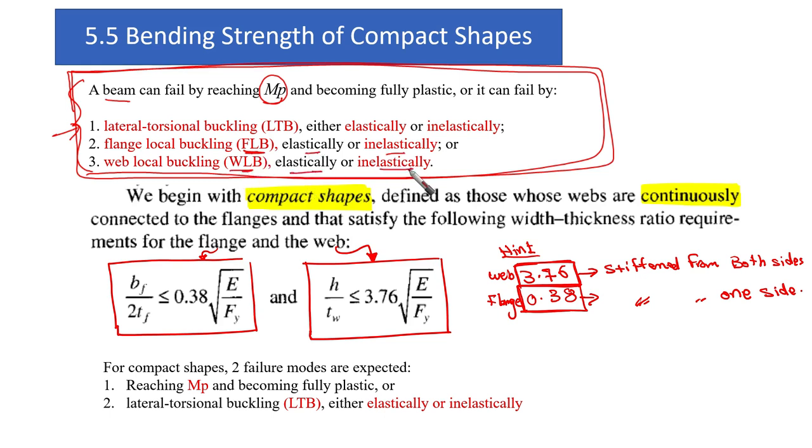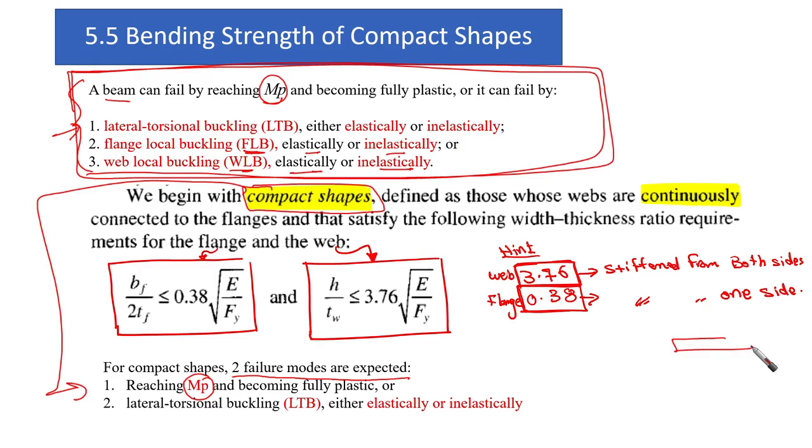Now, for compact shapes, two failure modes are expected. We are going to reach Mp and become fully plastic, so the entire section is going to be fully plastic.